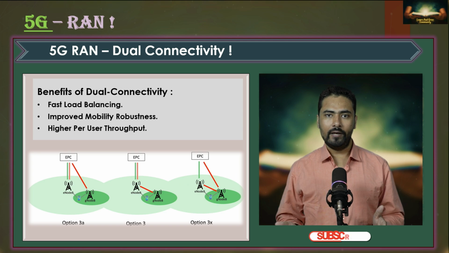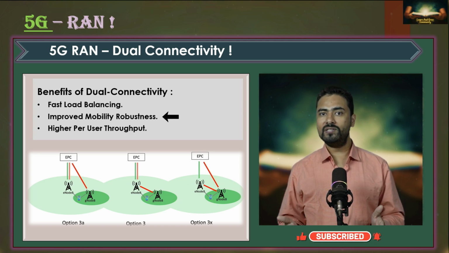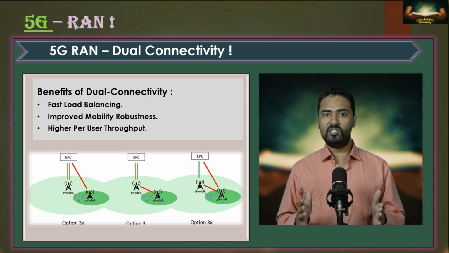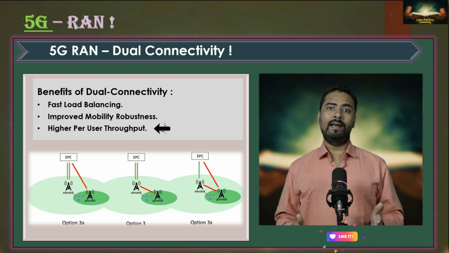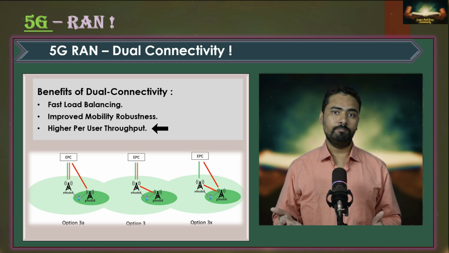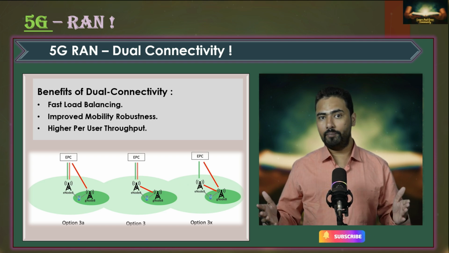So in such scenarios, dual connectivity can enhance the mobility and robustness of the network and can ensure more stable connections even in challenging environments. In addition, dual connectivity can help to accomplish higher data rates and per user throughput because it can use both the radio access technologies at the same time.